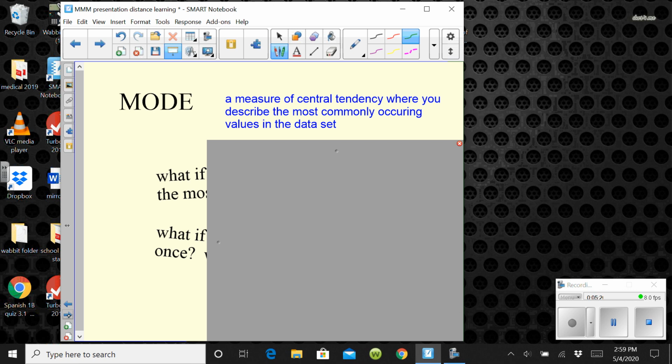So mode. I've worked with students for a lot of years on this. I know that you know that mode is the most commonly occurring value, the one that you see the most, the mode, the mostest. So mode is a measure of central tendency where you describe the most commonly occurring value in the data set, the one that you see the most of.